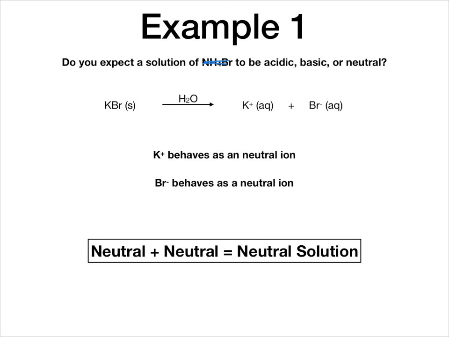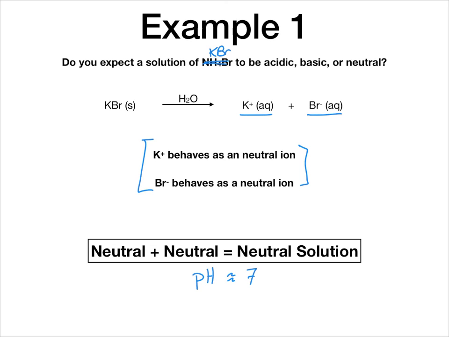So when KBr dissolves in water, I get these two ions. In summary, I know that both behave neutral, and then a neutral plus a neutral gives me a neutral solution, and so I would expect the pH to be approximately equal to 7.